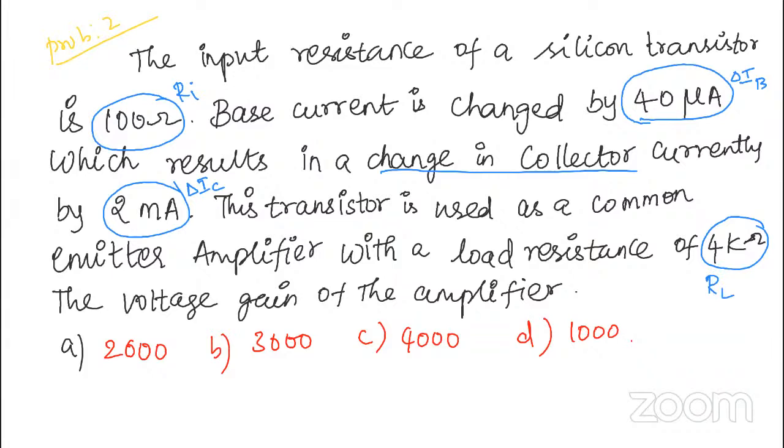So from these they are asking for the voltage gain. So how do we find the value of the voltage gain? That is the question. What formula do we use to calculate voltage gain? It is AV is equal to beta into RL divided by RI.